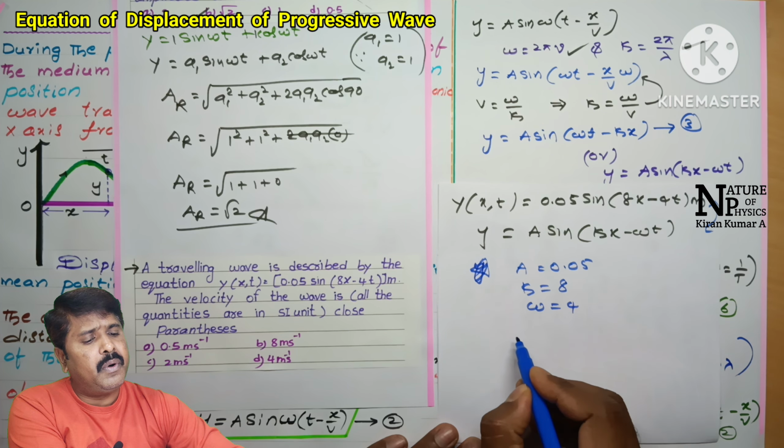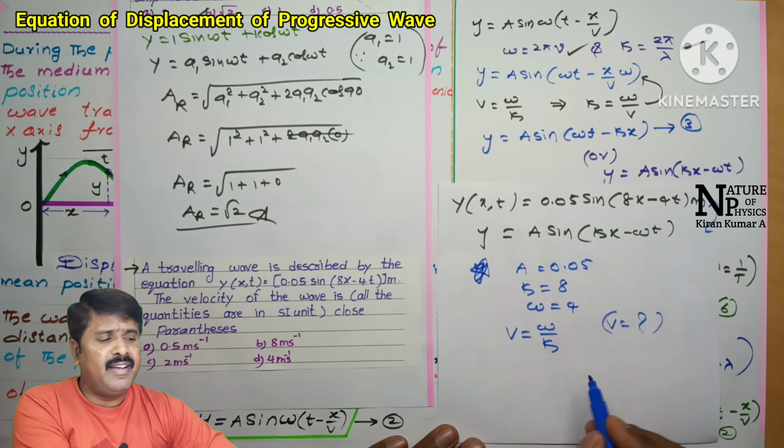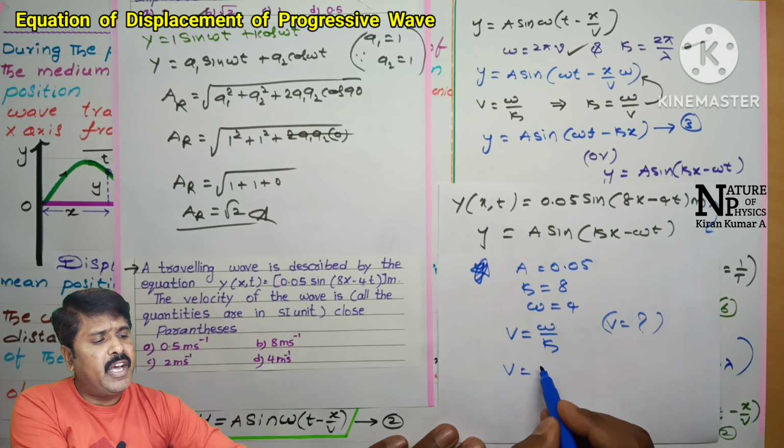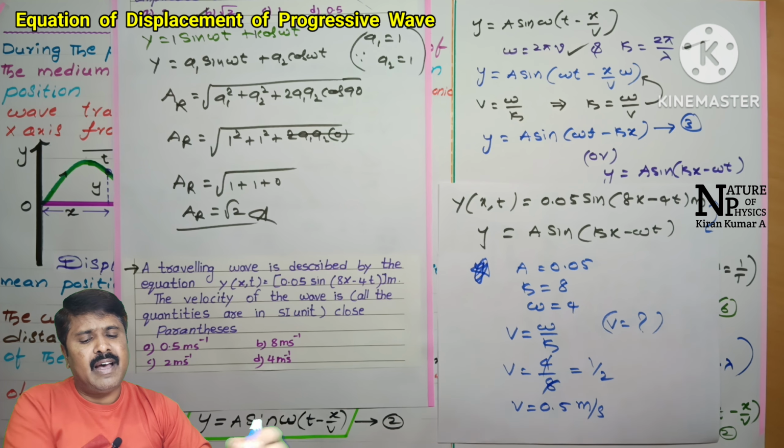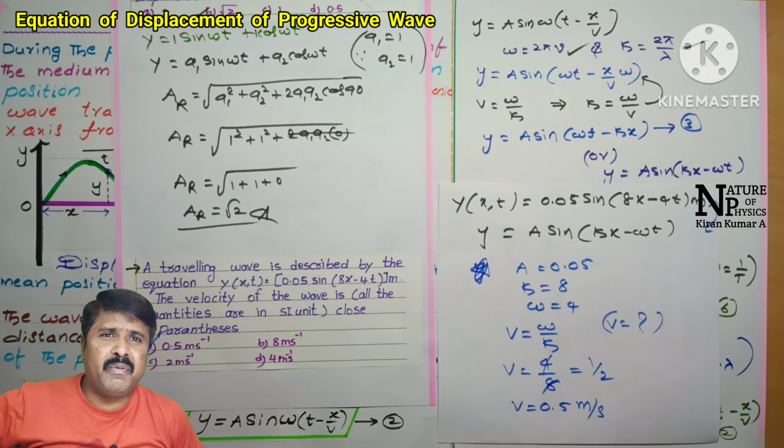So what is being asked in the question? Wave velocity v is equal to omega by k. See there, v is equal to omega value 4, k value 8, that is equal to 1 by 2. So v is equal to 0.5 meter per second is the answer, first option for the given question.